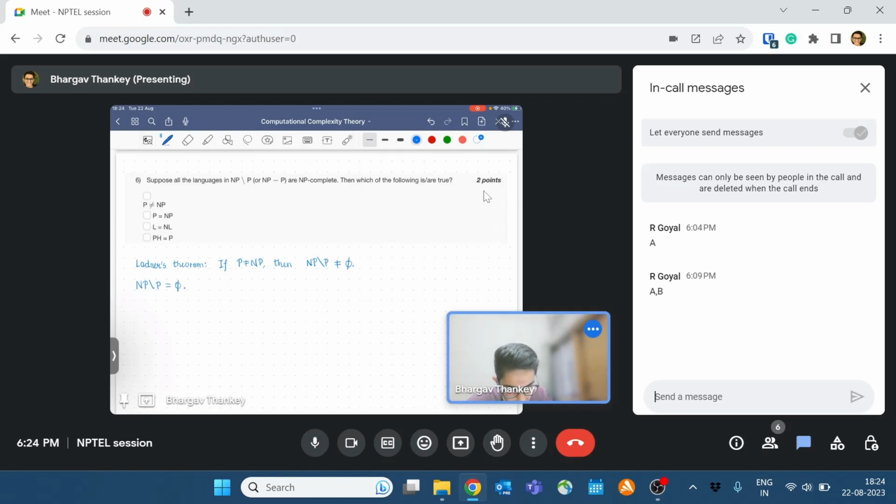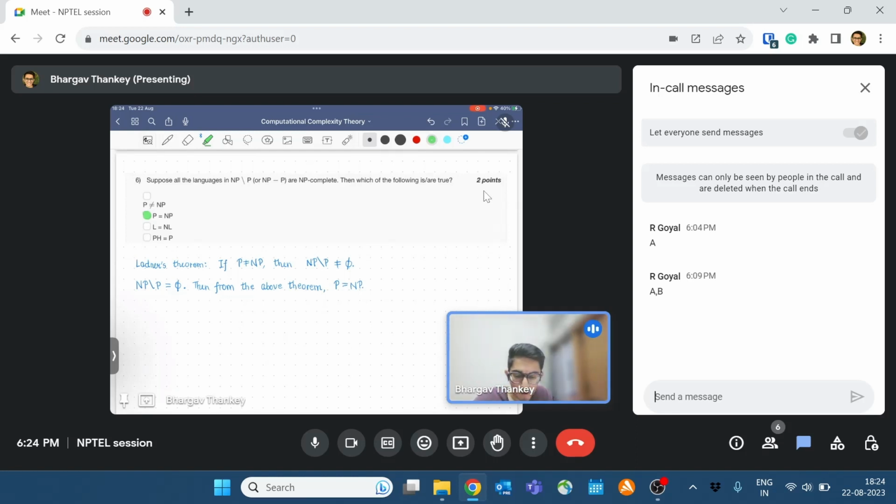But then from the above theorem, P equals NP. Why? Because the theorem says that P not equals NP implies NP minus P is not empty. So its contrapositive is: NP minus P is empty implies P equals NP. Is this fine? Yes. So at least option B is true.